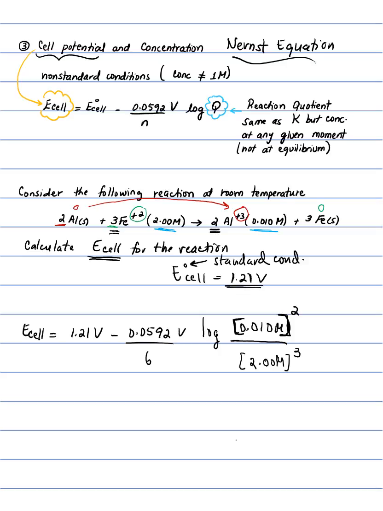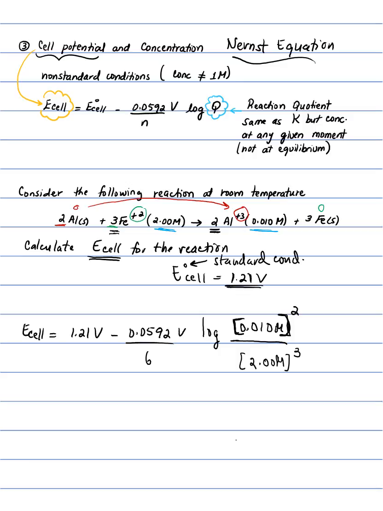So you can do everything. You will get something close to 1.26. 1.21 minus 0.0592 divided by 6 times the log of 0.01 squared divided by 2 cubed.